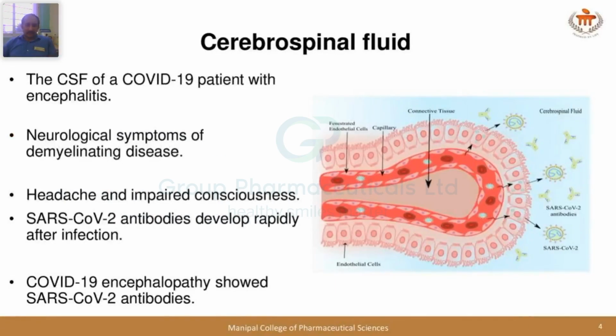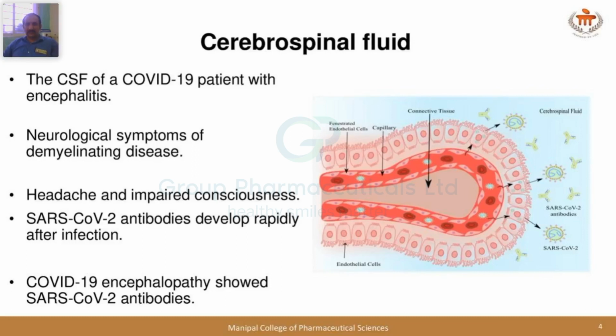One of the important routes is the cerebrospinal fluid. The cerebrospinal fluid is produced by the choroid plexus present in the ventricles of the brain, and from there, through the lateral and medial apertures, it flows into the subarachnoid space of the spinal cord.